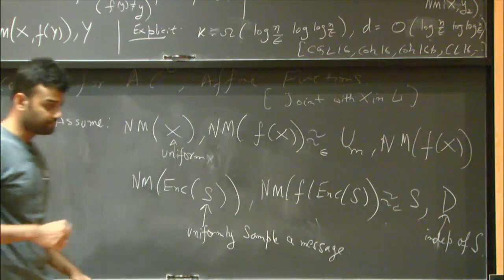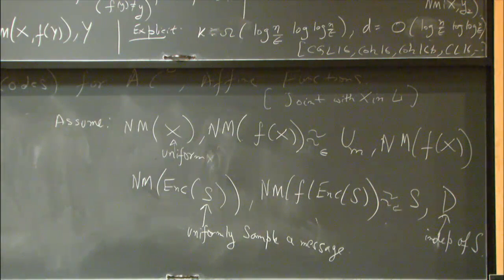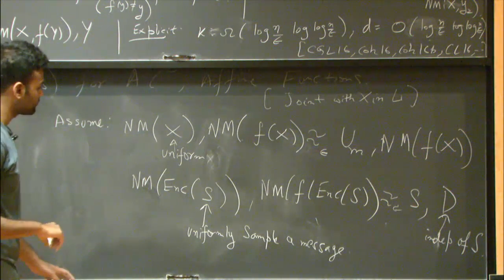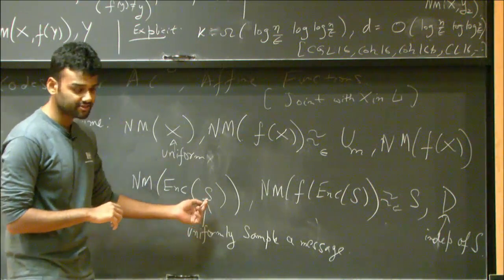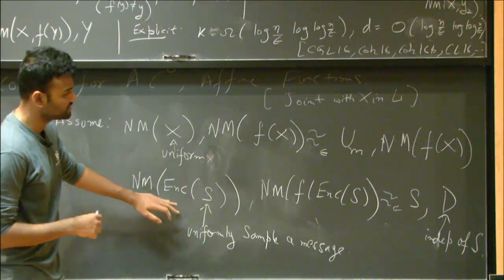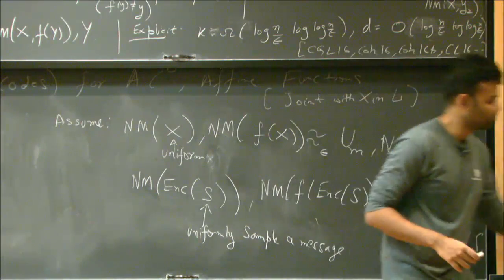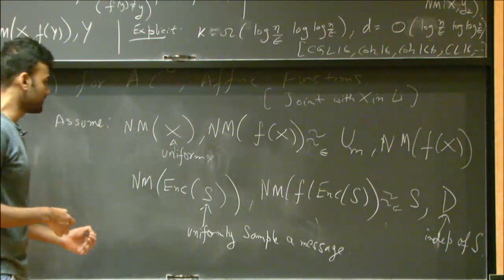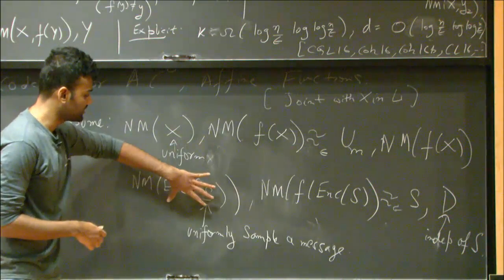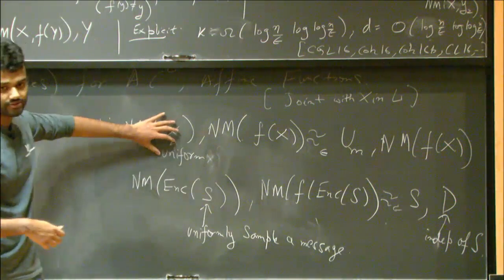You have your assumption, and now you are proving that this scheme is actually a good code. So you pick a uniformly random message, and the encoder is just the inverse of the non-malleable extractor applied on this uniform message. It's easy to show that this is epsilon close to uniform.